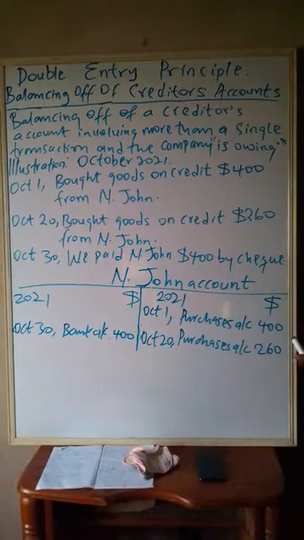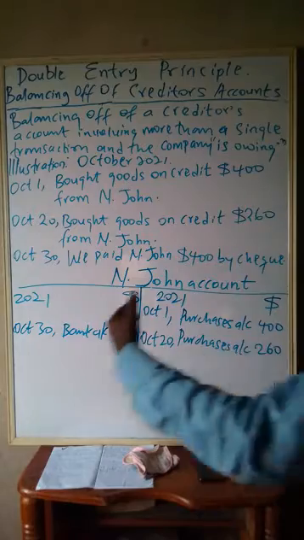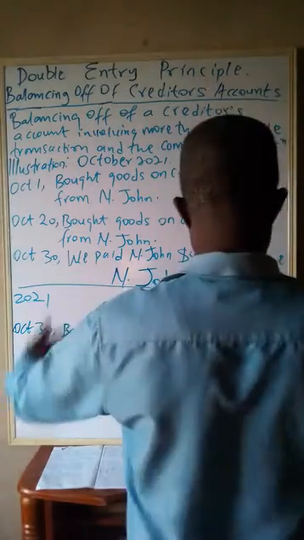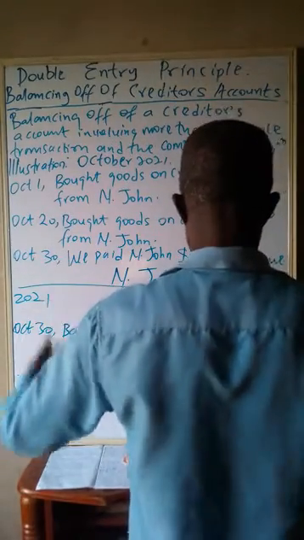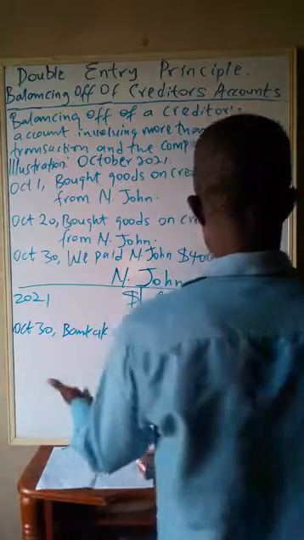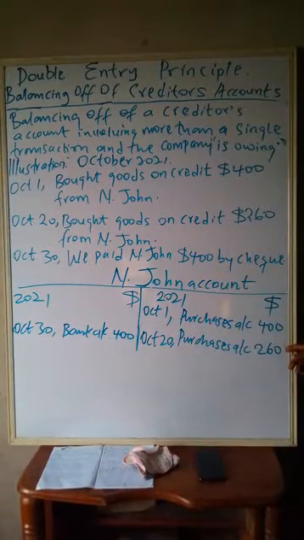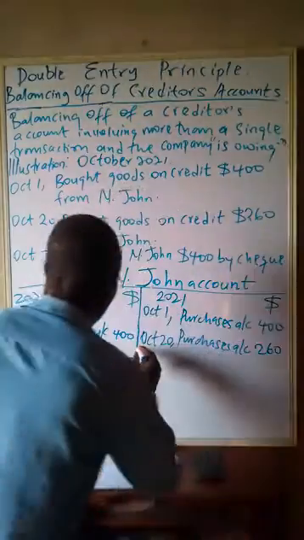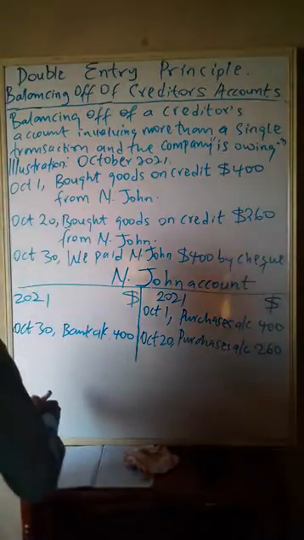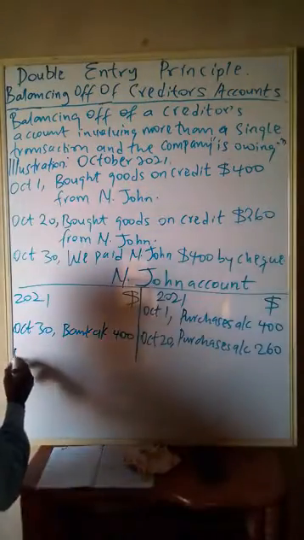So, is it balanced? No. Balancing an account is so easy. The two sides have to be equal with the total figure. Are they equal now? 400 plus 260. This side is 400, that's not balanced. That means the company is still owing John a balance of 260. So we come to this side because the two sides must balance.